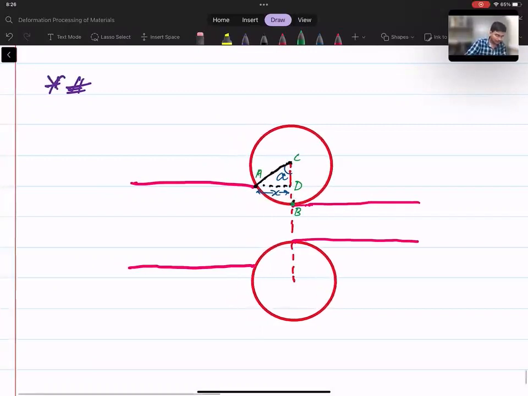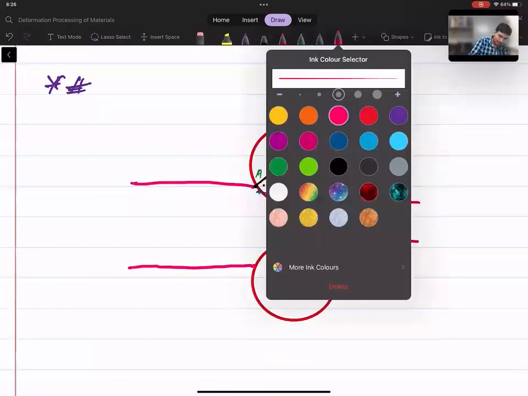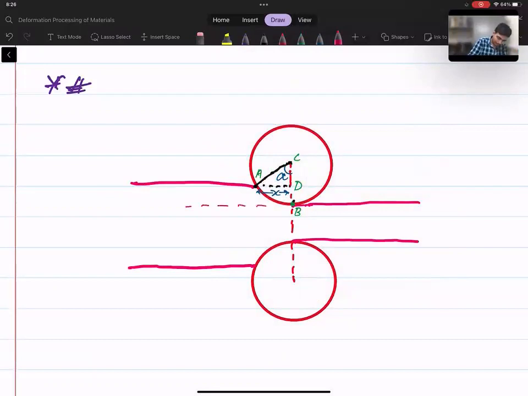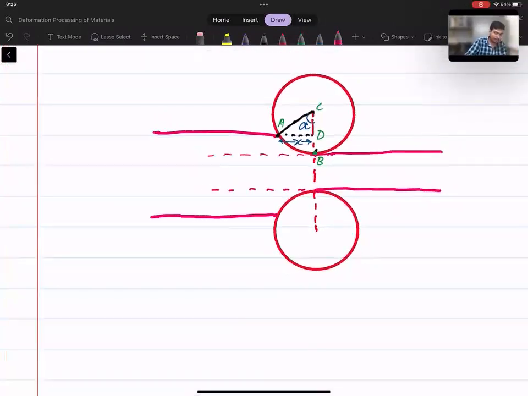Also, there will be forces acting here. Here there will be normal force acting.